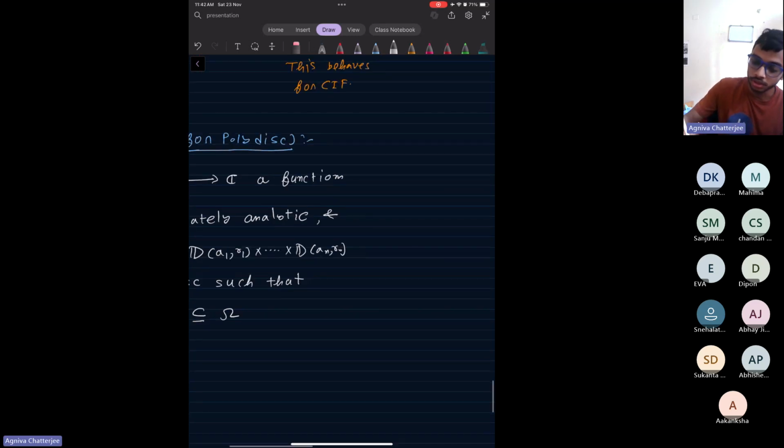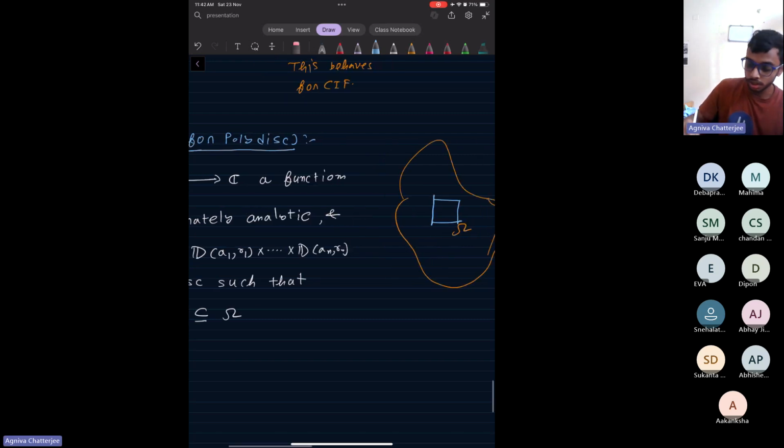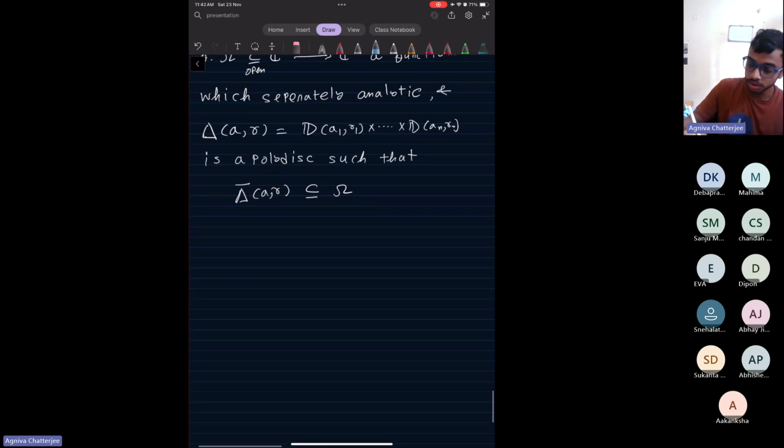So what I'm doing is taking a domain Ω and looking at a polydisk inside it, sort of like this, and that's it.